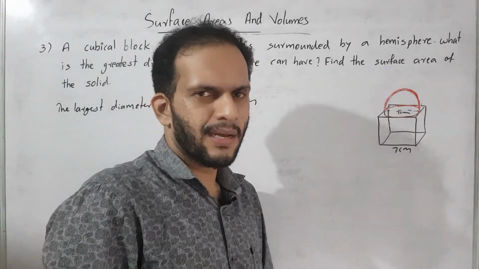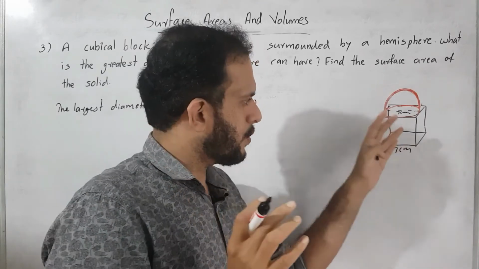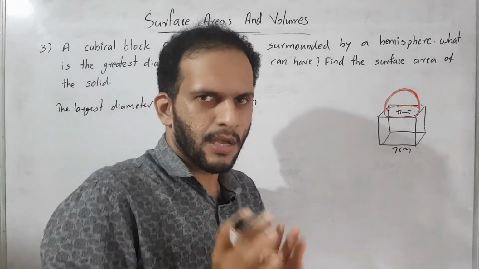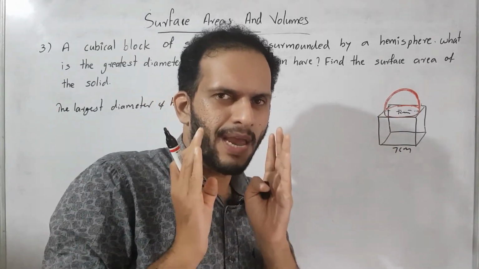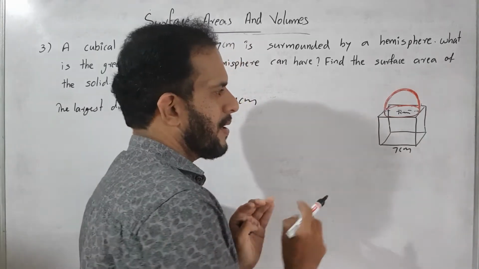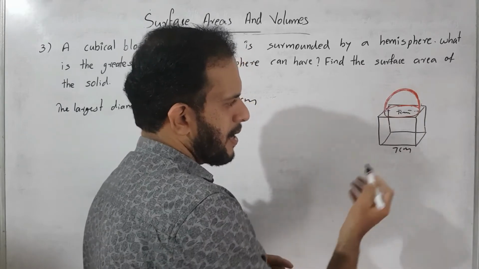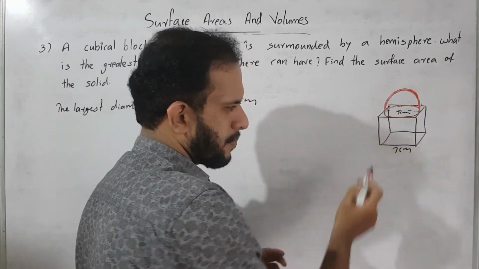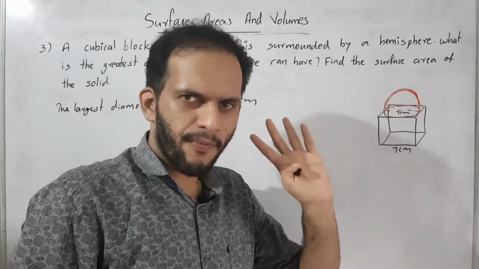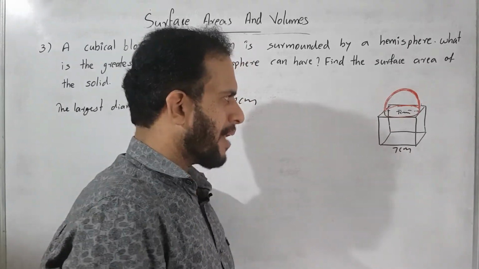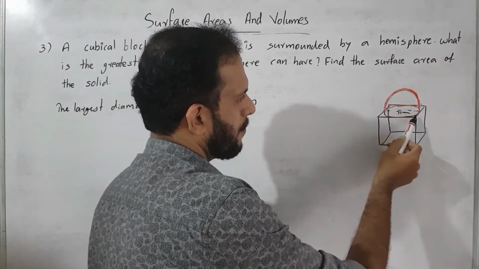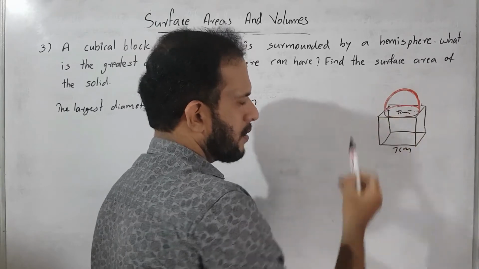Okay, what is the total surface area of the new shape? In this case the total surface area of the new shape is equal to the areas of 4 lateral faces plus the area of 1 base face, meaning the areas of 5 faces and the areas of these corners.